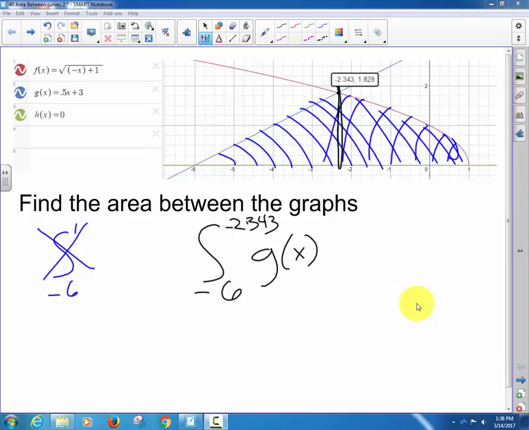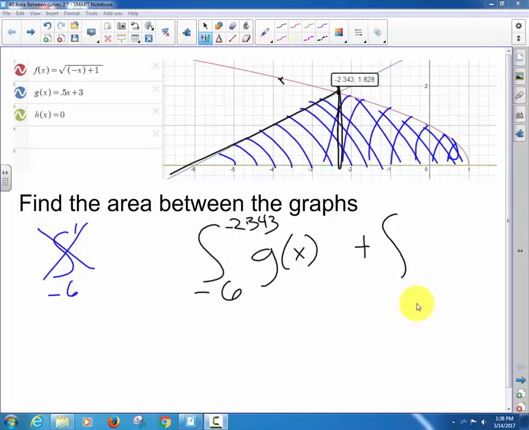When I say top, what's the top of the region that we're looking to find? Because you're right, the red one is on top. The red one is the highest, but we aren't wanting to know the area all the way up to here. We're wanting to know just the area to this point right here. So G would be our top function. That's as high as the area goes.